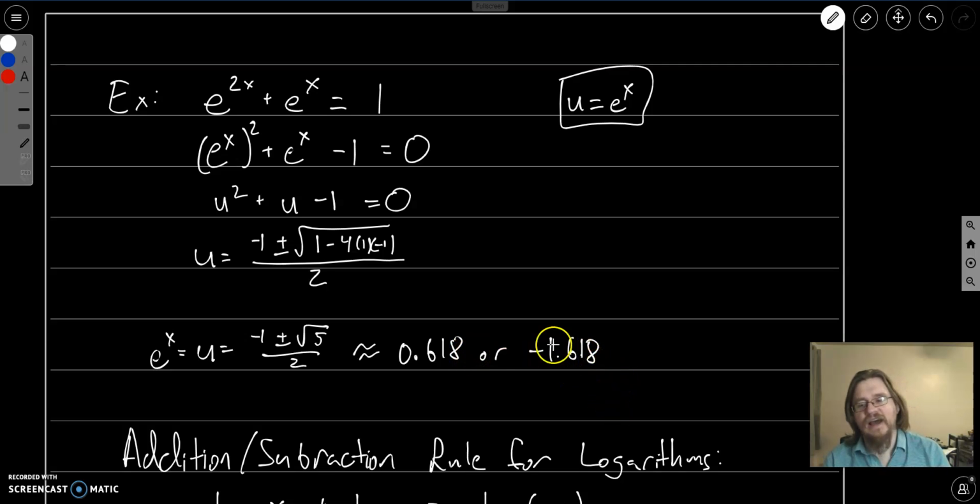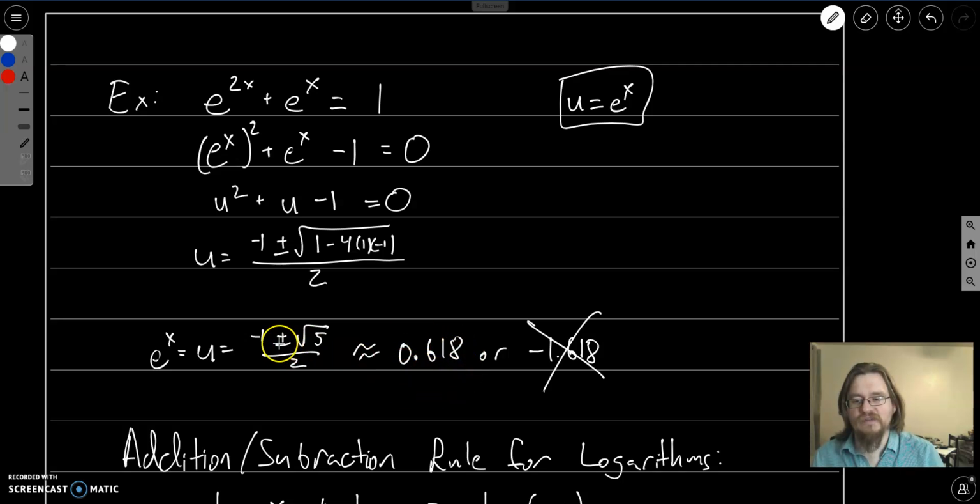And this should be ringing some alarm bells because e to the x, an exponential, can never be negative. So one of our solutions isn't going to work. So this is why we have to check. Whenever we make a substitution like this, we always have to check to make sure that our solutions are going to work.